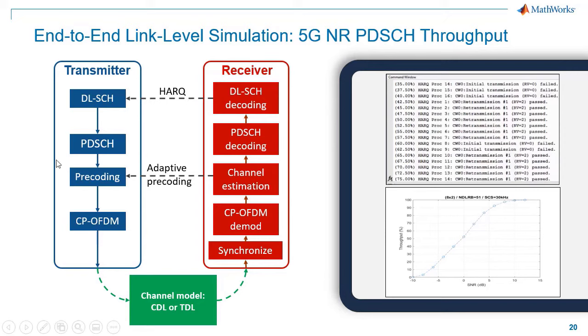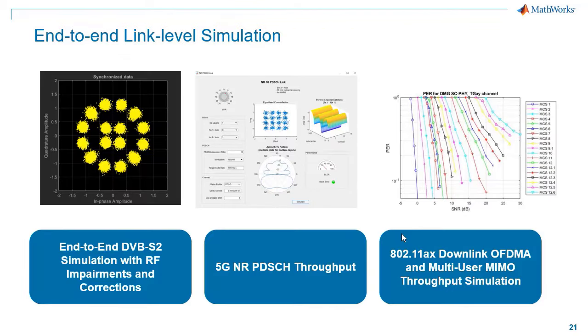And when you do this kind of end-to-end link level simulation with all the functionality provided in MATLAB, you can easily get performance metrics like throughput, as well as bit error rate, block error rate, packet error rate, and so on.